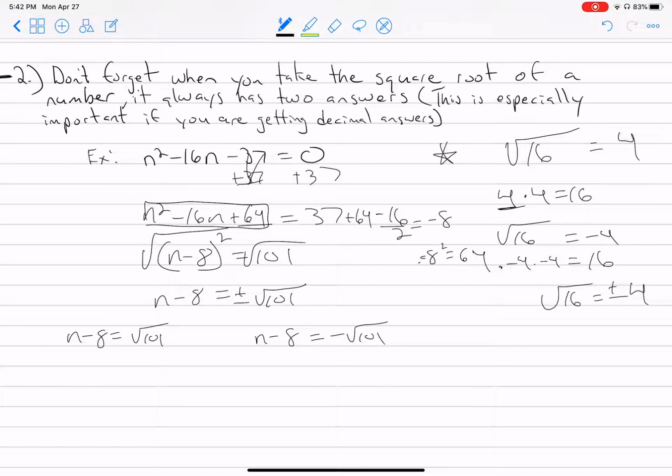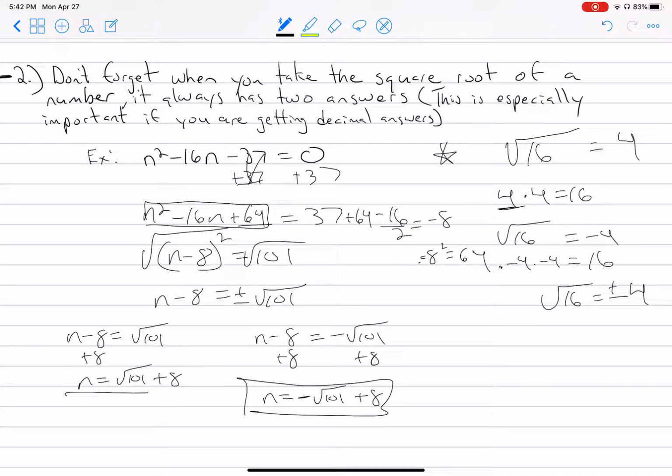Those are your two answers. Plus 8, right, n equals the square root of 101 plus 8. And on this side, plus 8, n equals the negative square root of 101 plus 8.